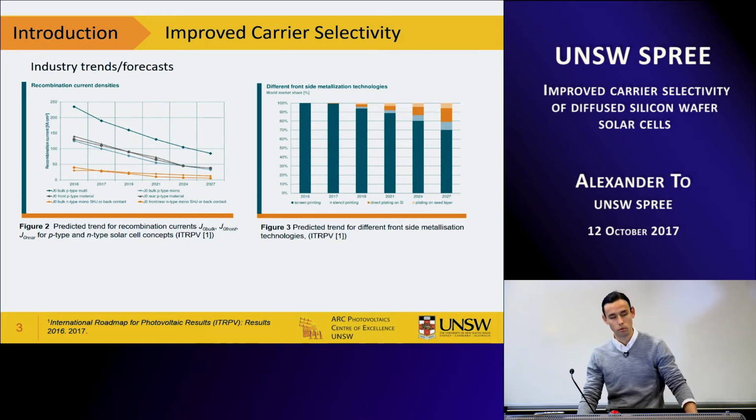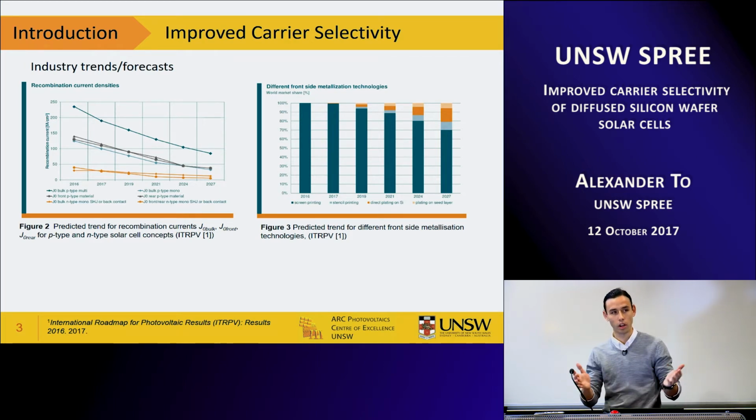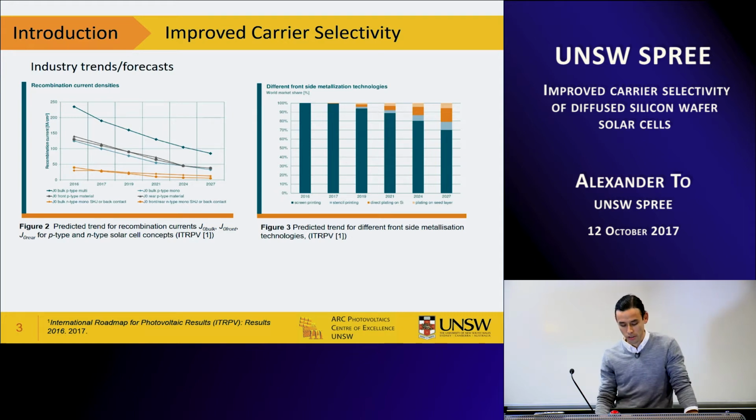But having talked about carrier selectivity, I want to highlight two trends. The first is that the J0 has to come down in industrial cells if we are to see continued improvement in device performance. And secondly, if you look at metallization technologies, you can see that screen printing is going to stay there for a while as plating takes up a larger portion, although I think it's also worth mentioning that they tend to keep revising that portion down, but nonetheless it's still there.